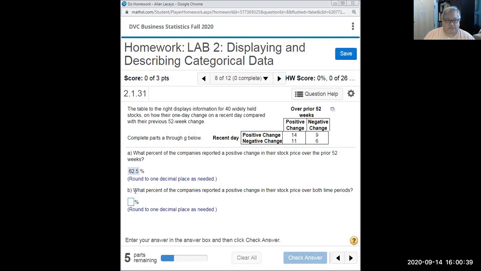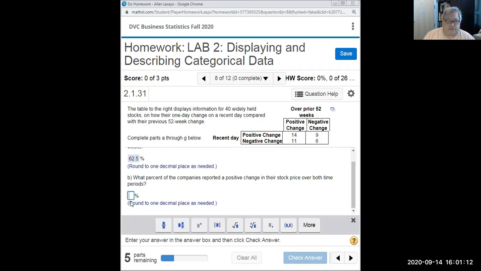In the next question, it says, what percent of the companies, again, reported is the verb, a positive change over both time periods? So now the object is different than before. Before, the object was the positive change annually, the whole column, the whole 25 stocks in the first left column. Now, we're only looking at stocks that have a positive change both ways, and that's only the 14 at the beginning of this number here.